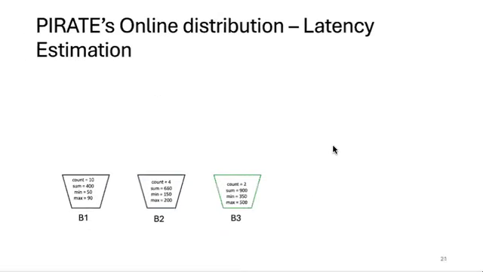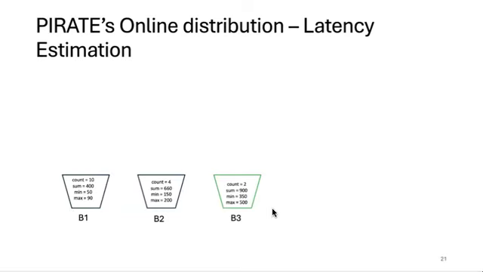Now, in the second phase, when an epoch of time is over, we estimate the latency. So latency is estimated as the weighted sum of the latency due to the inter-batch gaps. So here we have 3 buckets. Assume that we have collected the samples and we ended up with 3 buckets. Bucket B3 represents the inter-batch gaps, and bucket B1 and B2 represent the intra-batch gaps.